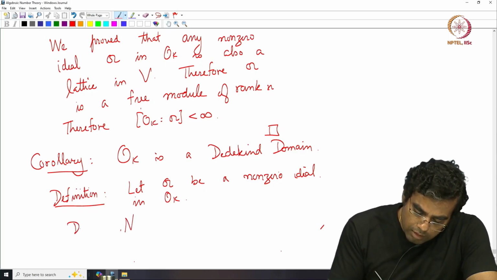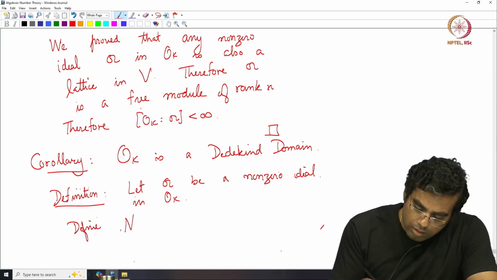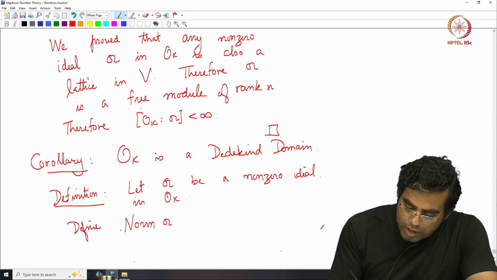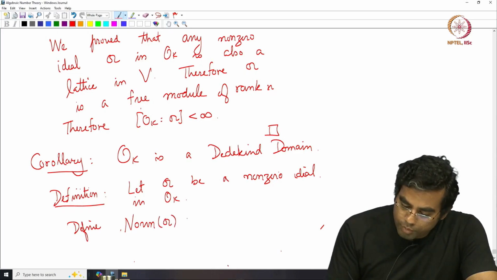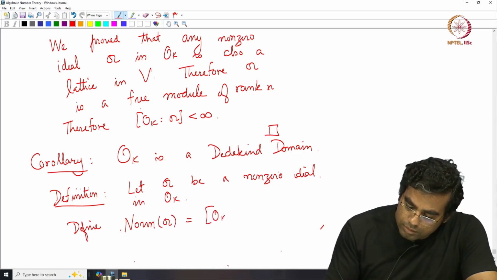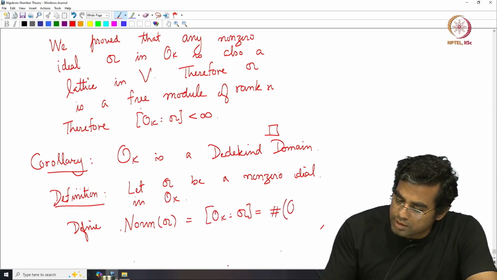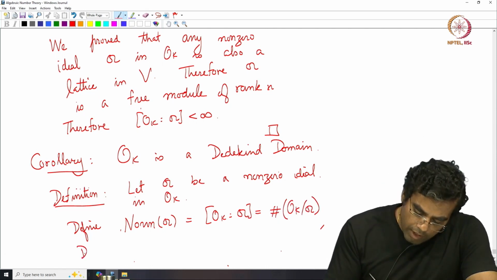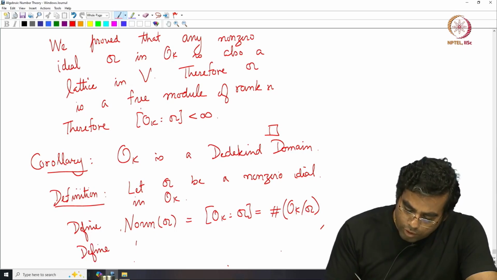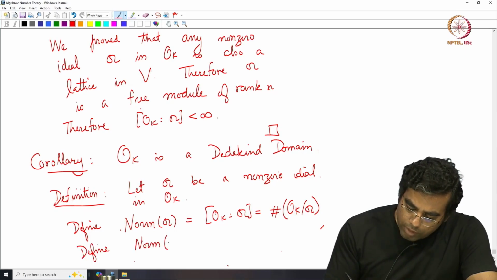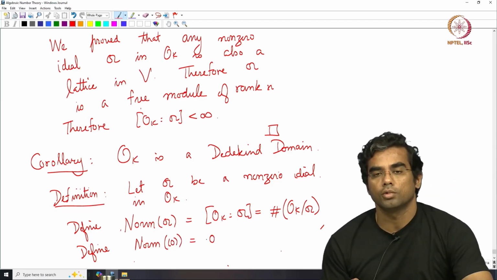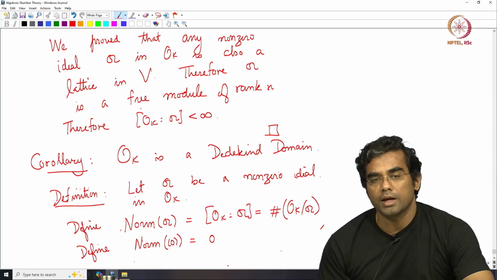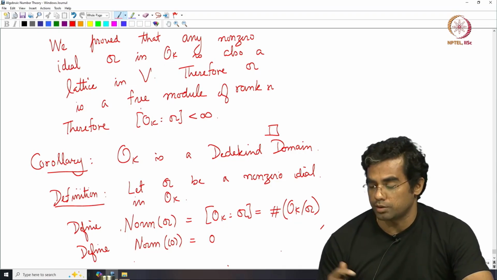So, you define the norm of A to be this index. This is also equal to the number of elements in this quotient ring. So this defines the norm for all non-zero ideals. What about the 0 ideal? You just define this to be 0. So, the norm of an ideal right now is a number.